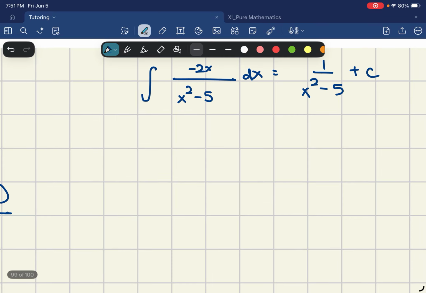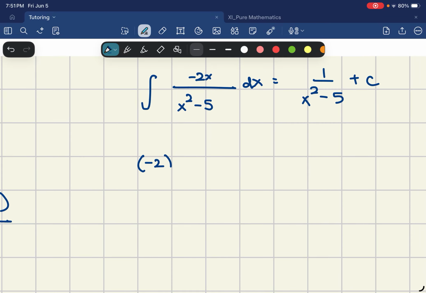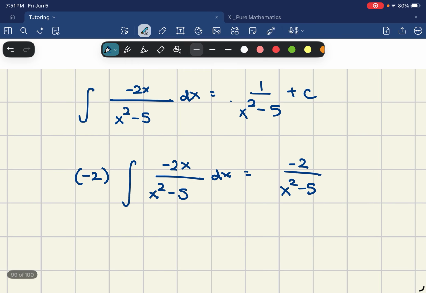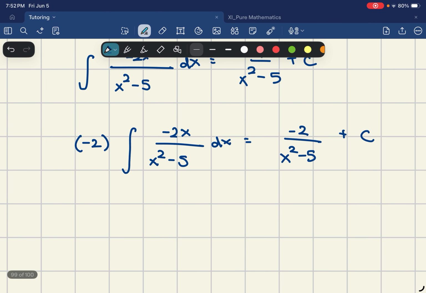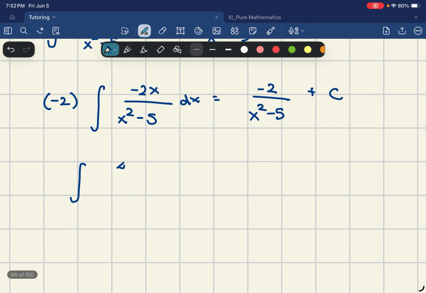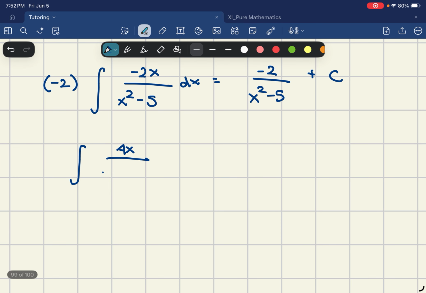And if you think about it, if I multiply just by a negative 2 on both sides, so negative 2 on the right hand side, c times negative 2 is still a constant, so I'm just going to write c. So I get this expression. And negative 2 times negative 2x, that is going to give me 4x. That is exactly what I was looking for. So that is why I multiply by negative 2.